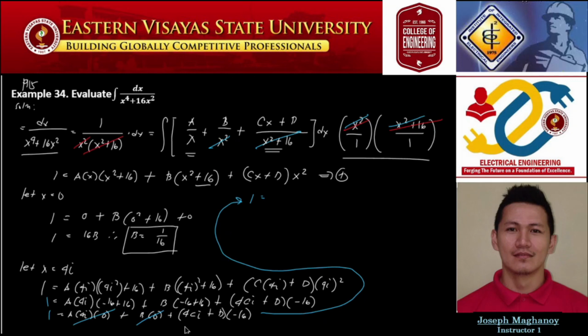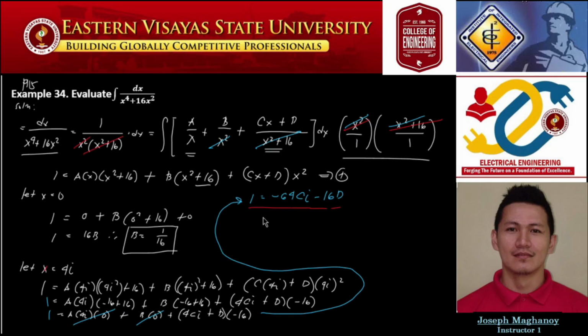So negative 16 times 4, that is negative 64ci, and we still have d times negative 16, negative 16d. So we have an equation under x equal to 4i.